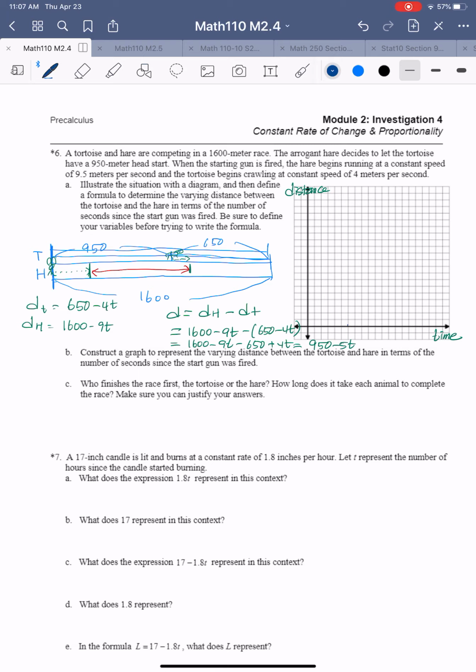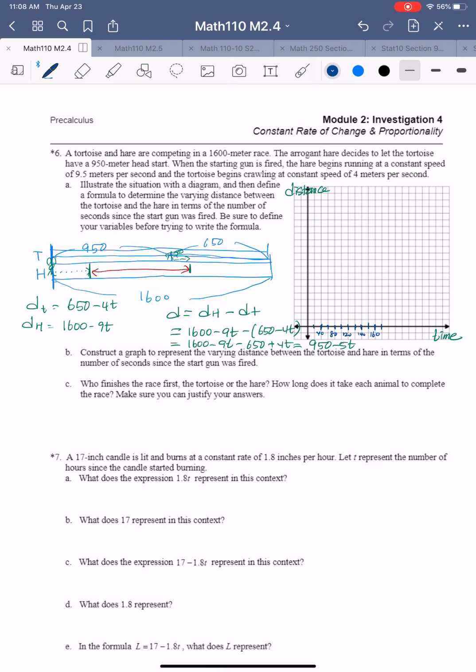Because we have to go all the way to the time, I think I can put it as 20, 40, 60, 80, 100, 120, 140, 160. Okay, everything is just a 20. I think that'll be enough.